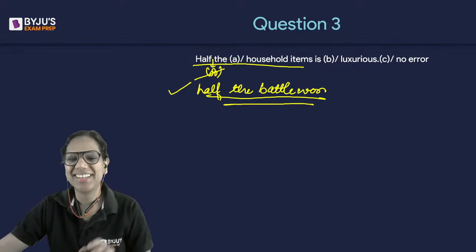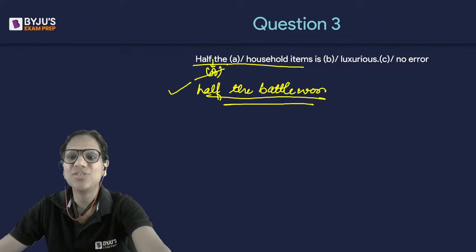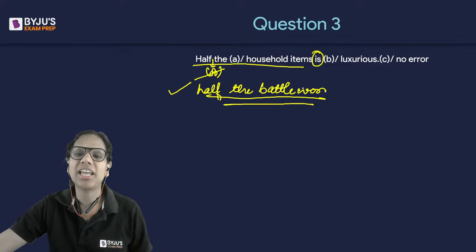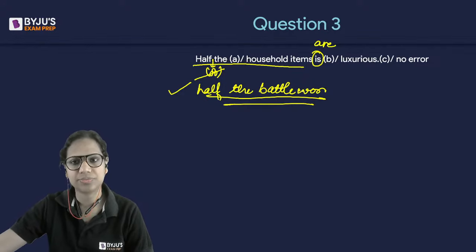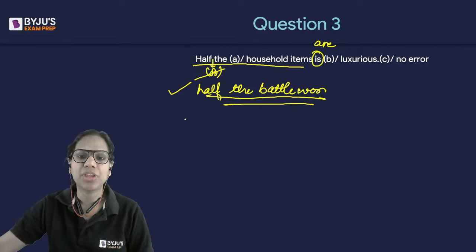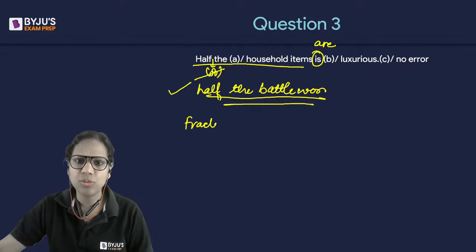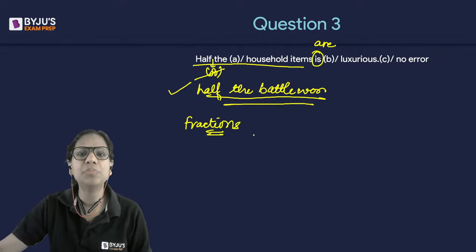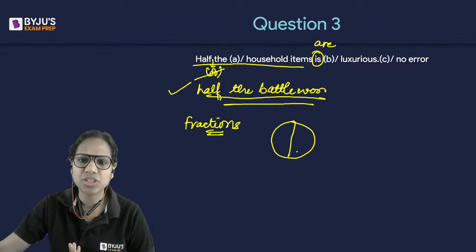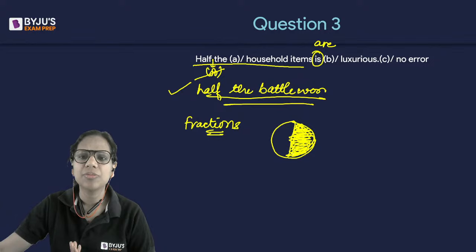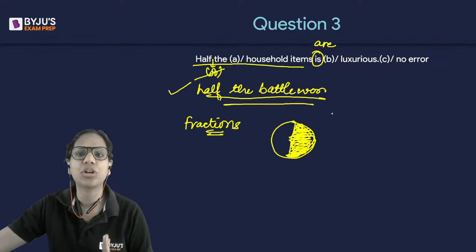Nothing wrong with it. The error here is a very fundamental error, subject verb agreement error. Half the household items are luxurious. See, when I talk about fractions, these are simply proportions, isn't it? Now, proportions by themselves are neither singular nor plural, right? They could be either. So when I say half, it depends on half of what, no?